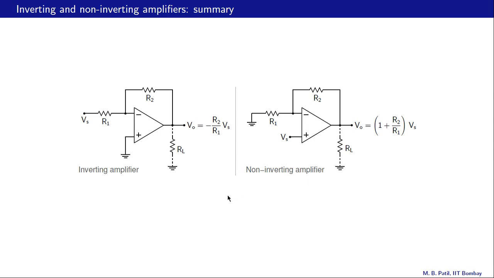And as we have also seen, there is a large difference between the input resistances of these two circuits. In this circuit, the input resistance is R1, as seen by the input voltage source. And in the non-inverting amplifier, the input voltage source sees a much larger resistance.